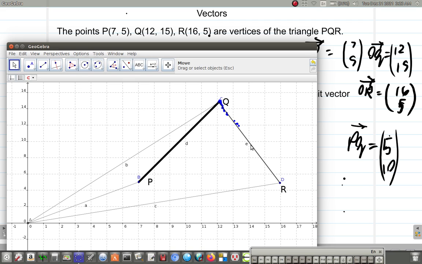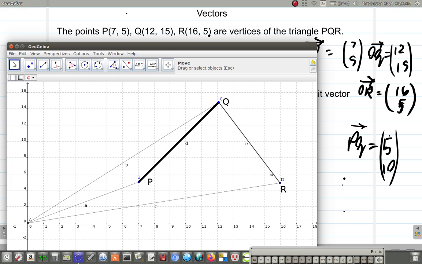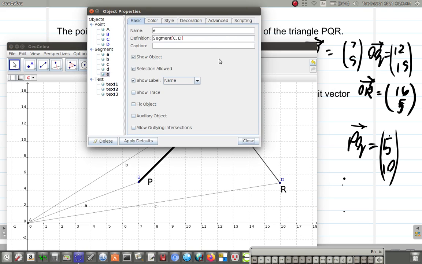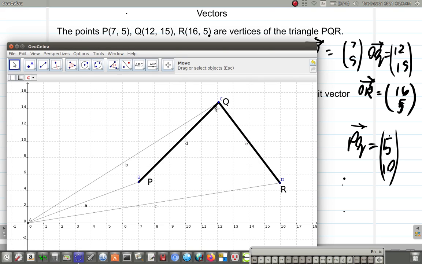Now, let me just make some adjustment here. I want my line to be thicker than this. Good. QR. Now, going from Q down to R would be like saying QR is equal to QO plus OR.